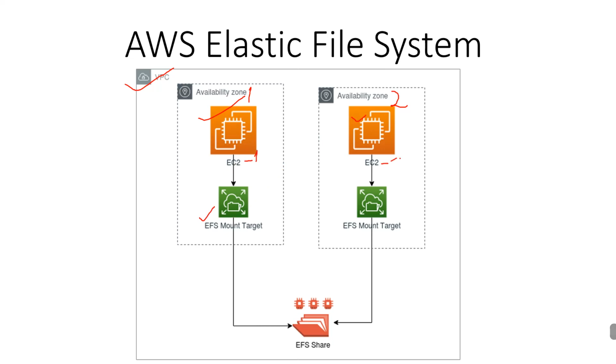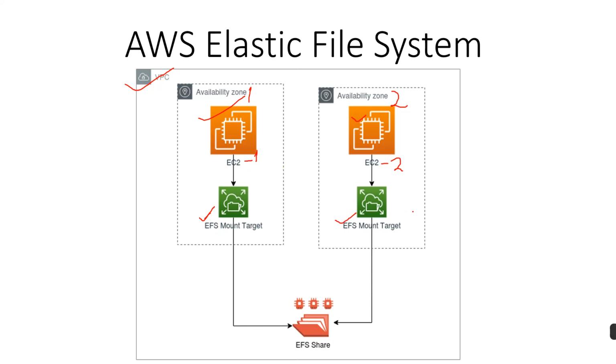This is EC2 instance 1, and this is EC2 instance 2, right? And we have configured the EFS mount target in EC2 instance 1 and also in EC2 instance 2, right?